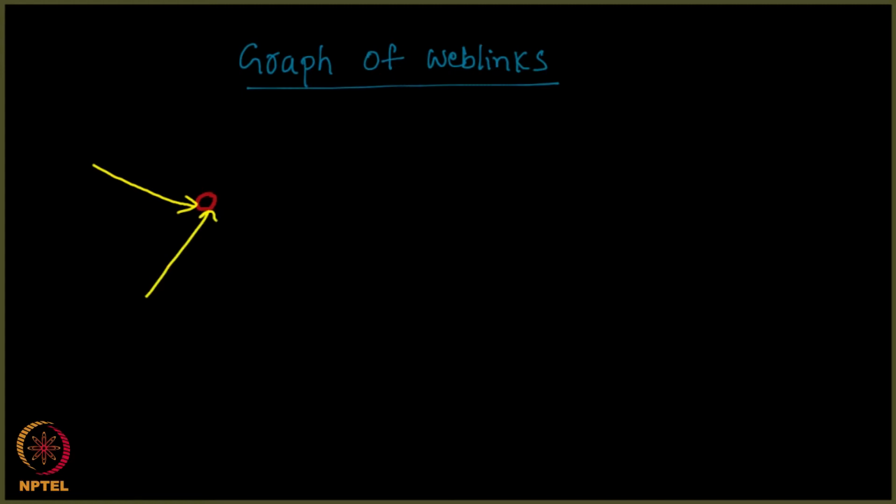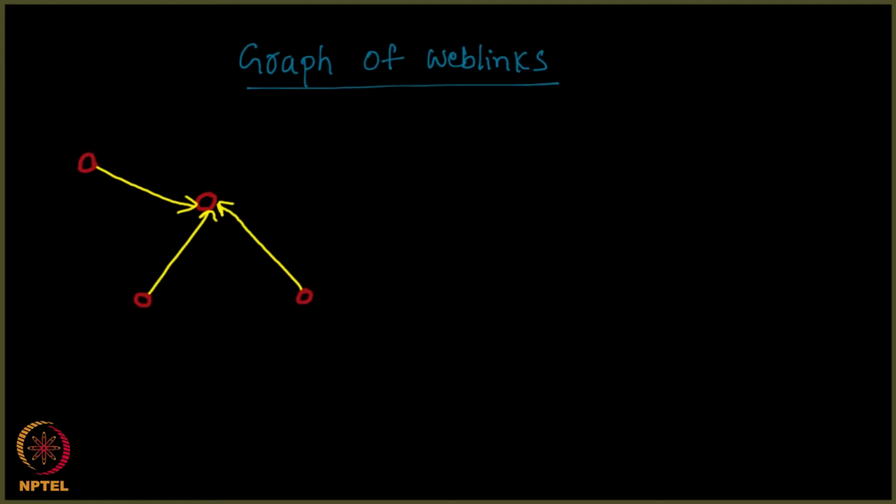So there may be many such incoming links to a web page from some other page. By that I mean, if I put a link to your home page from my home page, then I put an edge from my home page to your home page. Home pages are all nodes here, and if there's a link from one page to the other, you put a directed edge, right?